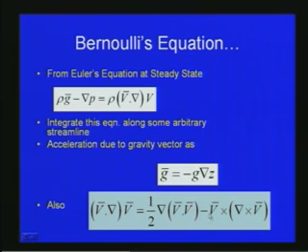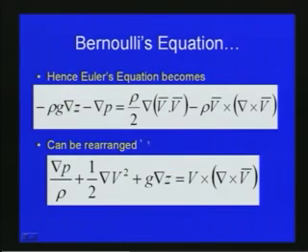This is from vector algebra, the vector product and dot product, and we can get this equation. Now the Euler's equation finally becomes minus rho g del z minus del p is equal to rho by 2 del of v dot v minus rho v bar cross del cross v. This we can rearrange as del p by rho plus half del v square plus g del z, and that is equal to v cross del cross v.